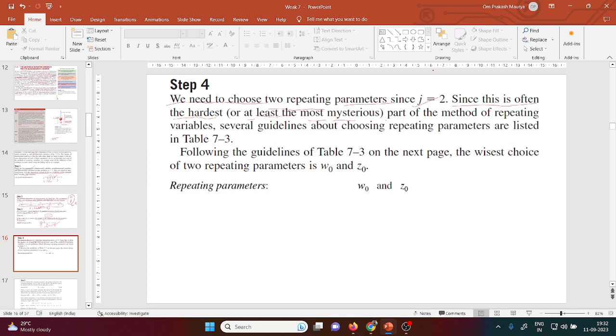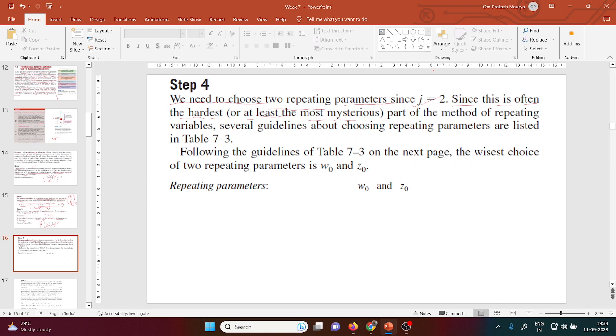You can guess easily from the table, but it is not a hard and fast rule. It helps enhance the concept for selecting the parameters.